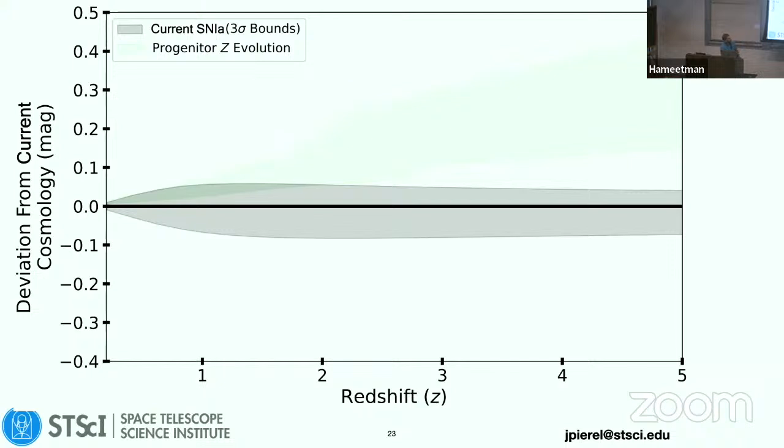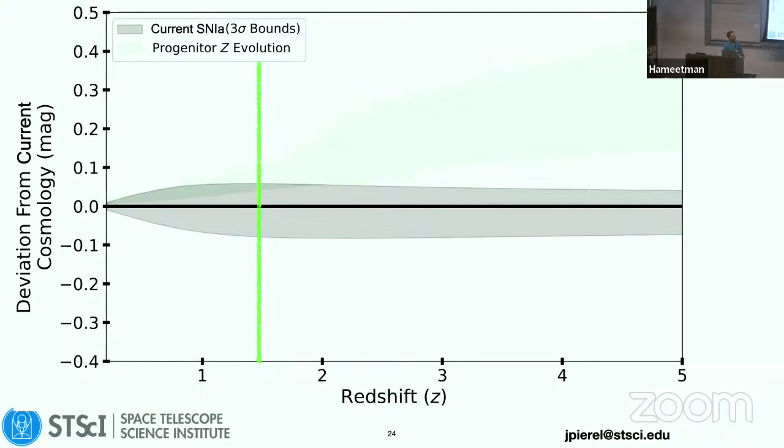Then this green shaded region, which is a little hard to see on this screen, asks: what if there's some progenitor metallicity evolution with redshift that changes the way in which Type Ia supernovae work, and they're systematically getting fainter or brighter with redshift? At about redshift 1.5, you transition from dark energy dominated to dark matter dominated.